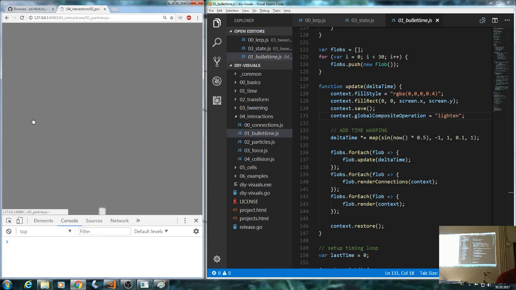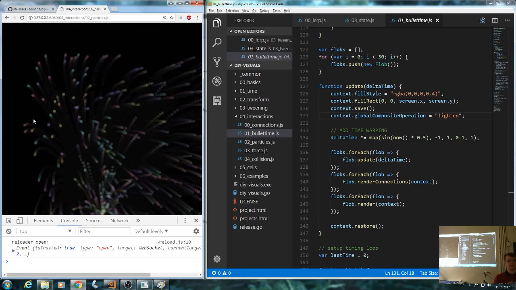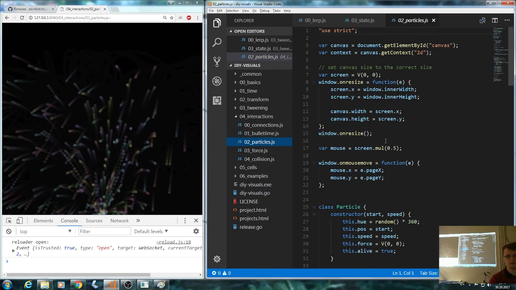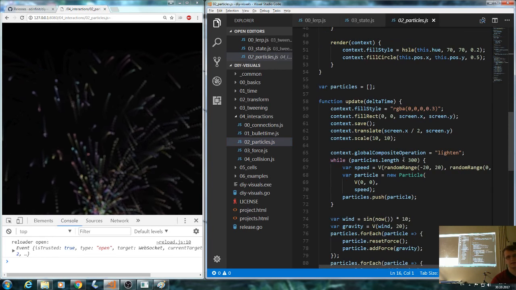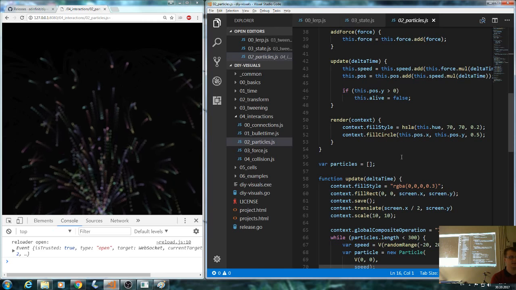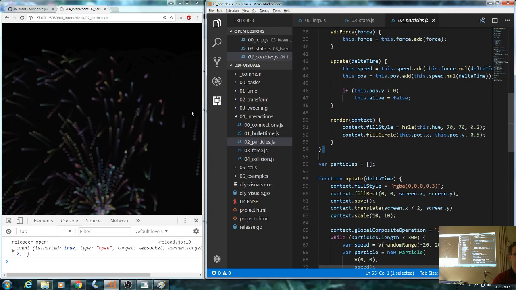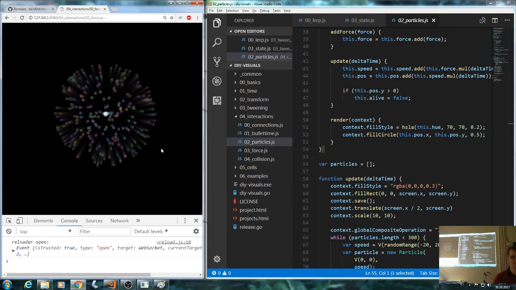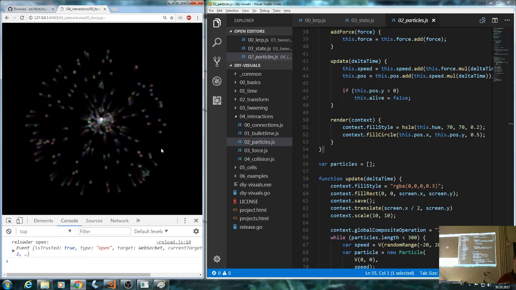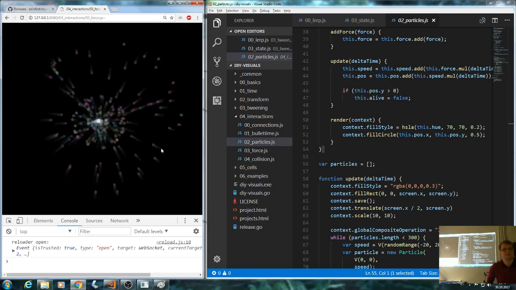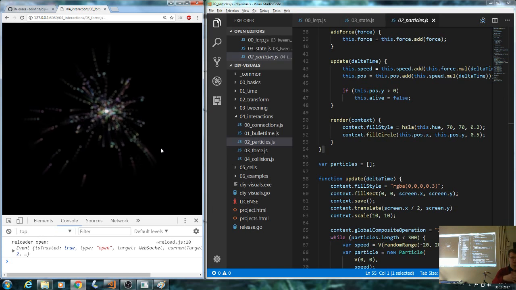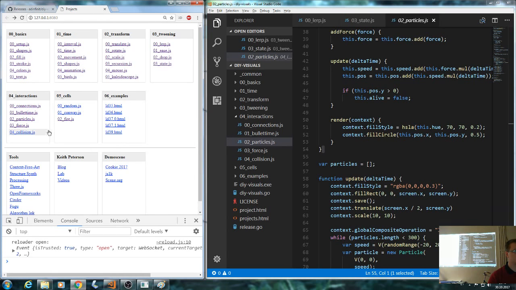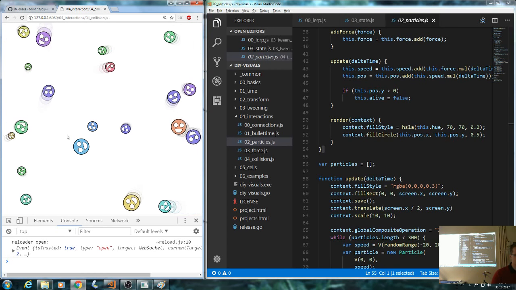And of course, there are different ways we can make things interact. One is using physics. We use gravity here and speed and velocity. Or we can use attraction to each of those points, to make them come together in a single point and interact with each other. Or we can make them collide.